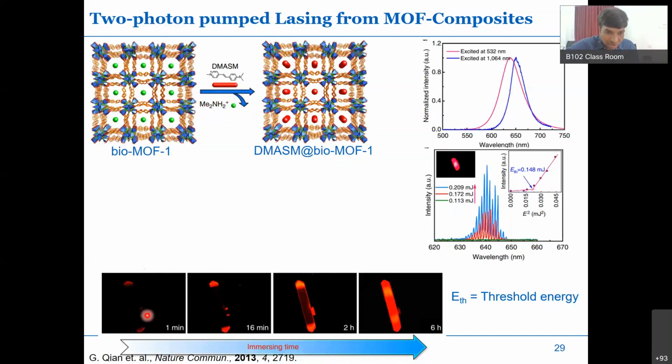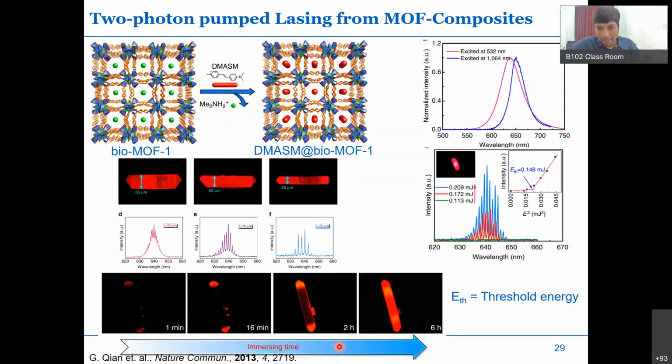You see here, over different times, the dye molecules go into the channels and form a structure. Upon excitation, this compound shows very strong lasing. This lasing is multiphoton, because we excite at around 1064 nanometers, and then you start seeing the lasing.